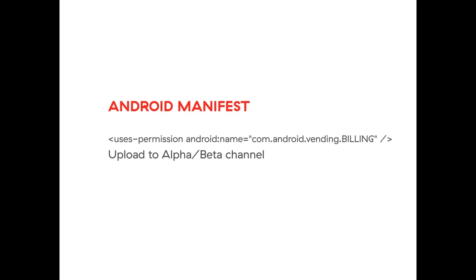This is so that you can have access to the feature of Google Play Developer Console that allows you to define items. If you don't have any build that is using the billing permission, you won't be able to define any in-app billing item.